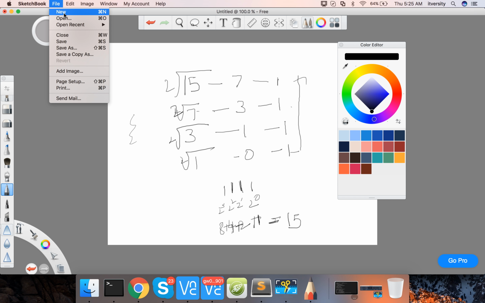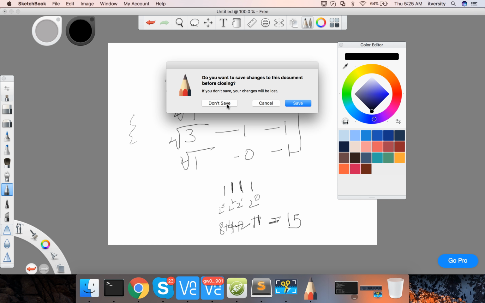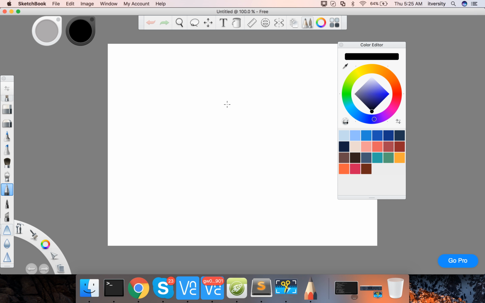Let me take another example. In this case, I am using 18. We divide it by 2, and the quotient is 9 and the remainder is 0. Take the quotient 9 and again divide by 2. The new quotient will be 4 and the remainder is 1.